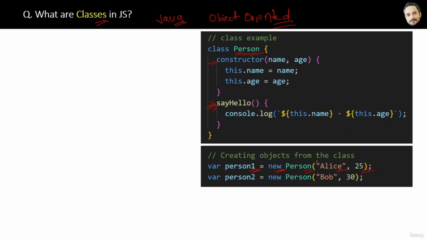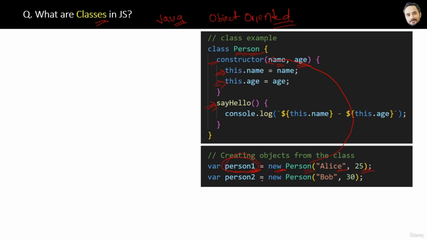Here this object creation code will invoke the class constructor method automatically, and the constructor will receive this age and name as the parameters. Then the constructor will set the properties of this person object here, name and age. And finally, the object of person class is created, which is then assigned to the variable person1.